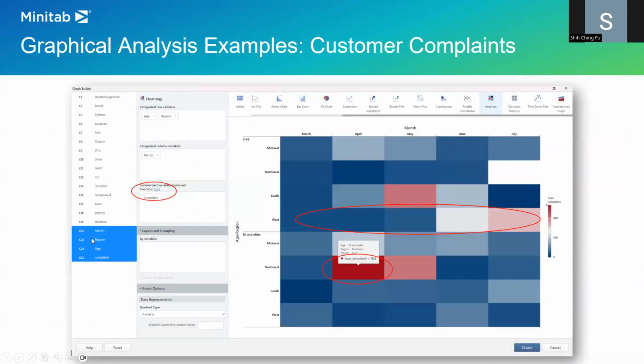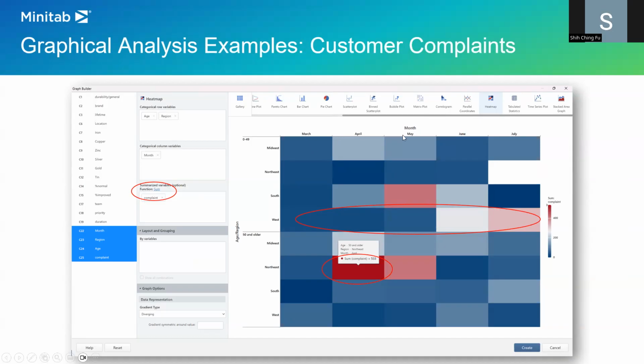Same thing, I just plug those variables into the graph, into the box. And you also have a function here, because you ask, are you looking to plot the sum, total complaints, or are you going to plot the average, or you can have standard deviation. So many options here you can choose. So look at the graph.